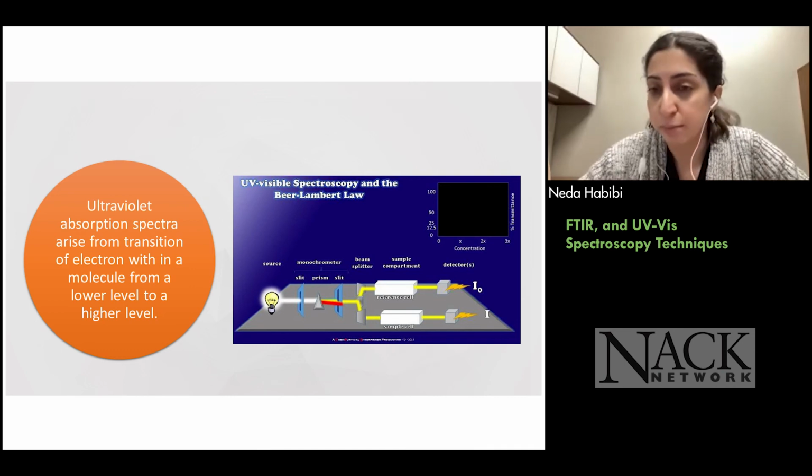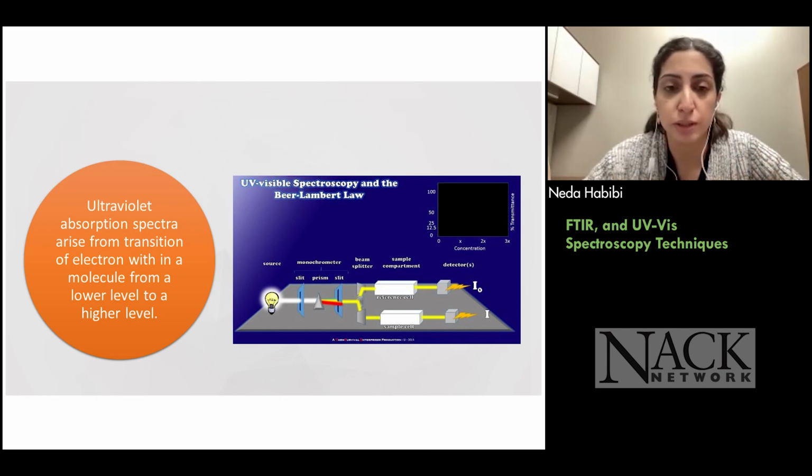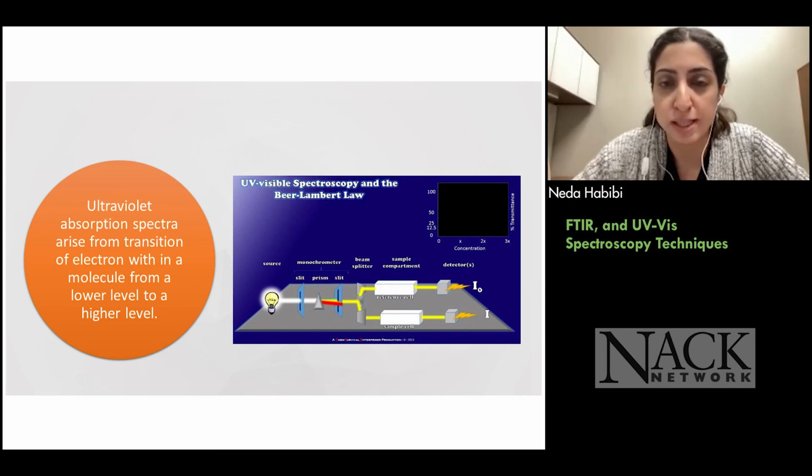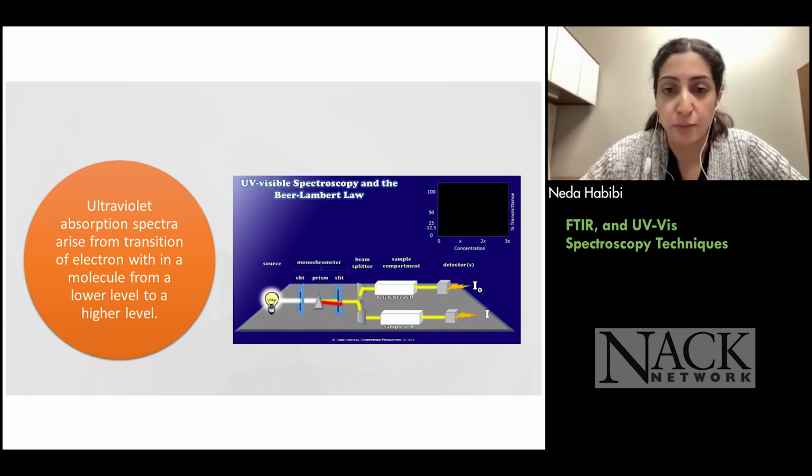And then we have a sample cell, which we load with our sample solution, which, for example, contains proteins, DNA, or any other molecule that is actually absorbing those frequencies in the range of UV and visible. So once that material is absorbing, the amount of light that is transmitting through that sample is going to be less.